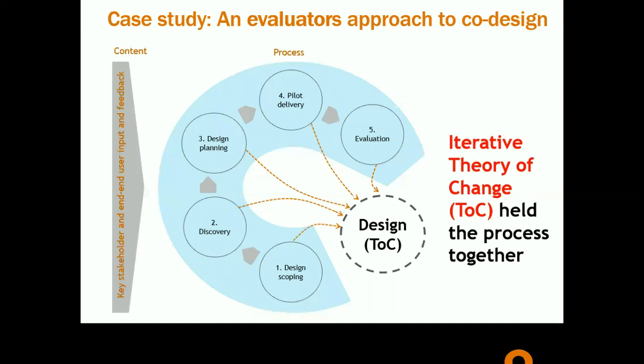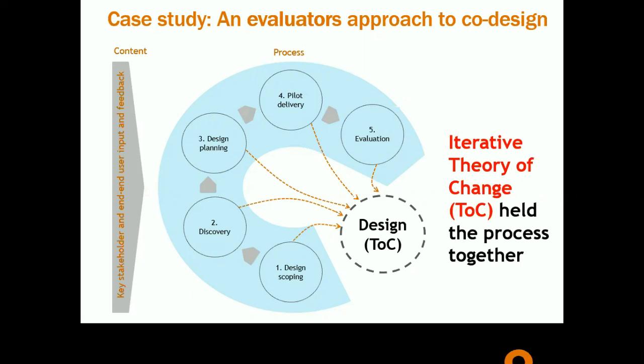The last thing, just a couple of things to point out about this diagram, is that you can see there was an iterative nature. There are some orange arrows in the middle of the diagram, and they indicate that as we went along, the design developed and got stronger. So in scoping, we were able to pick up a little bit about the design. Discovery allowed us to figure out a bit more. So did the planning phases. We learned a bit through delivery, and then finally through the evaluation, and that was all informing the design the whole way through.